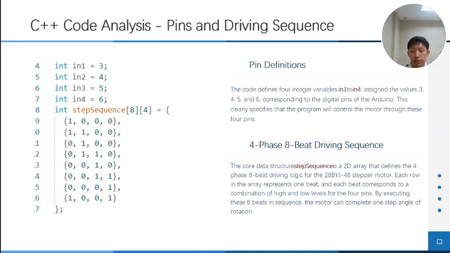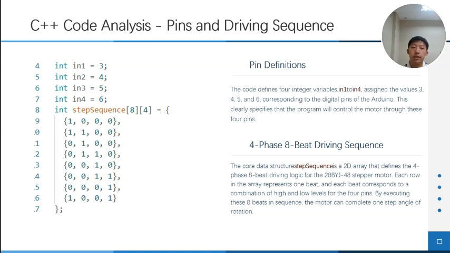First, look at the beginning of the code. 4 pins are defined here, corresponding to pins 3 to 6 of the Arduino, which is consistent with our planning during hardware connection. More importantly, this step sequence array is an 8-row by 4-column array storing combinations of 0s and 1s.